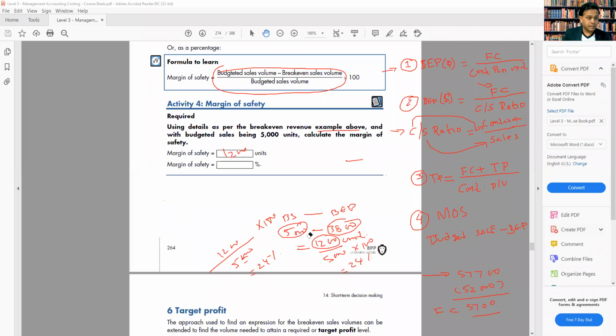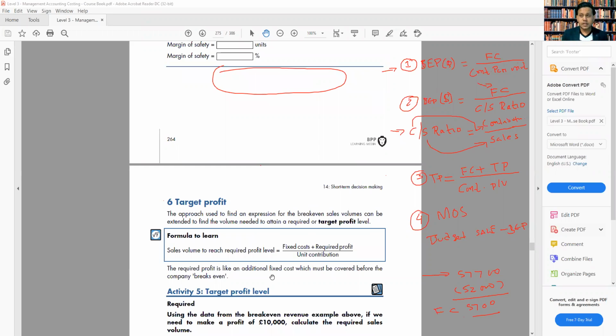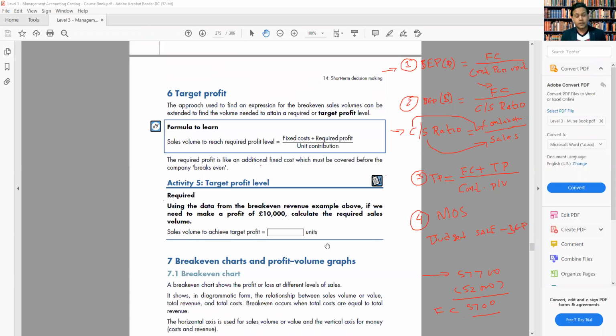In real life, it depends on how you want to use it. For example, you are in a business and you want to know how many units you really need to sell to stay at break-even, so that you can set your target. If you just keep selling your product and you don't know whether you are in profit or in loss, or you don't know how many more you need to sell to make a profit.